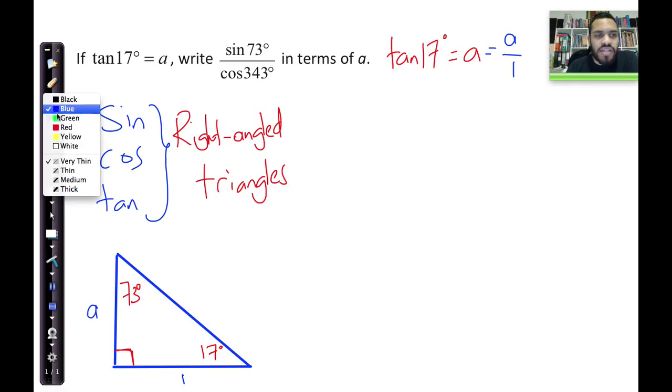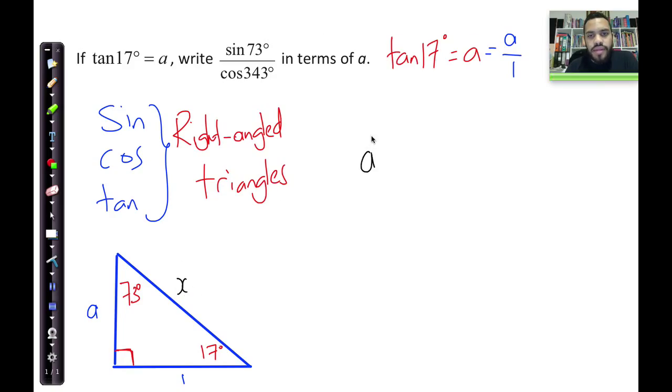Well, in grade 8 you learned something about Pythagoras. So here, if that's the opposite and this is the adjacent, let me call this side x. Then I know that A squared, which is the taller side there, plus this side squared, which is 1 squared, the number 1, is equal to x squared.